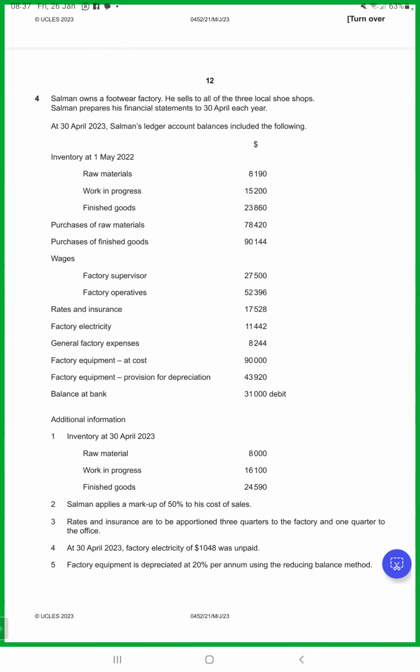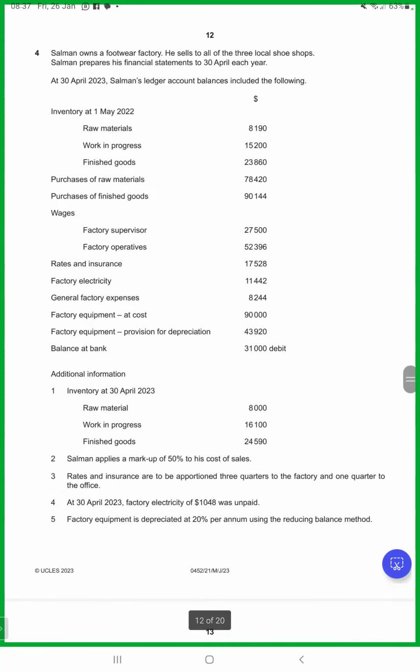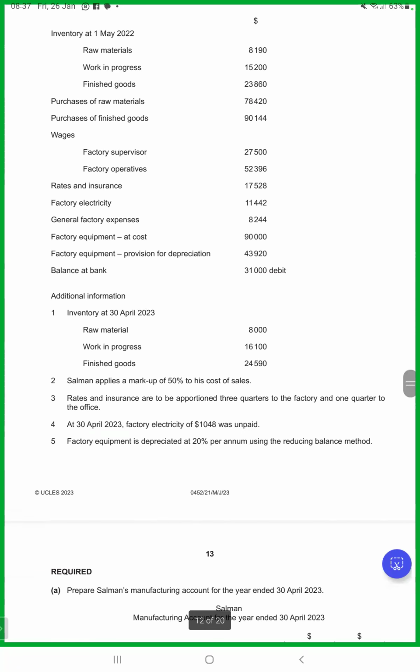So how do we actually go about it? Let's start by answering the question like this. We need to start from the additional information so that we may understand the few adjustments that need to be made. That will actually help us to come up with the right statement.